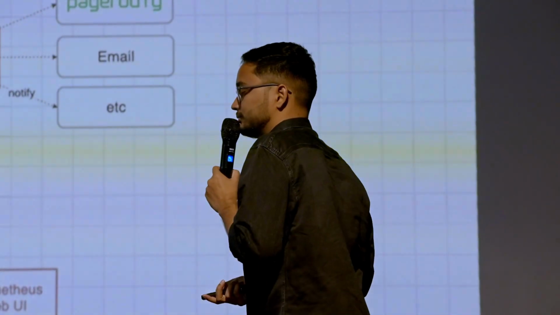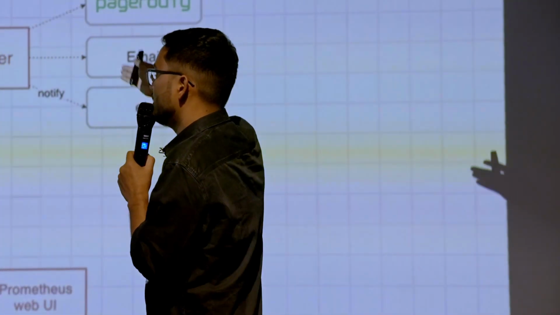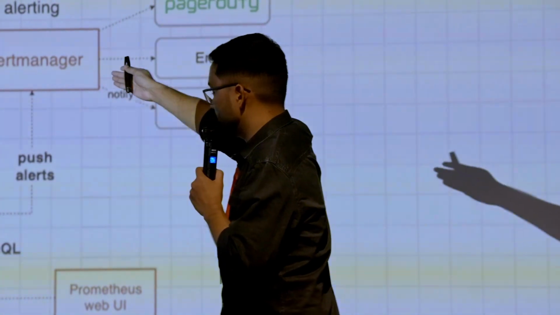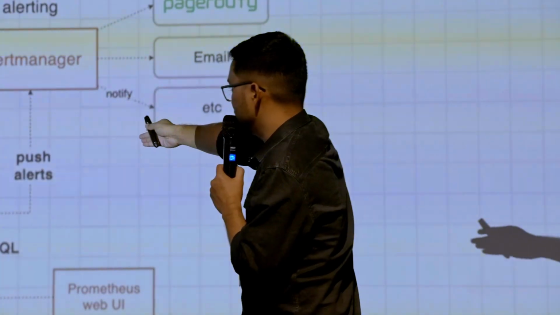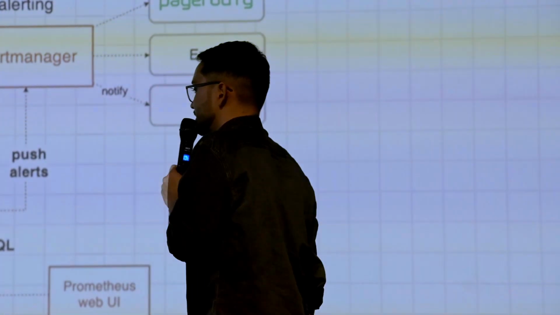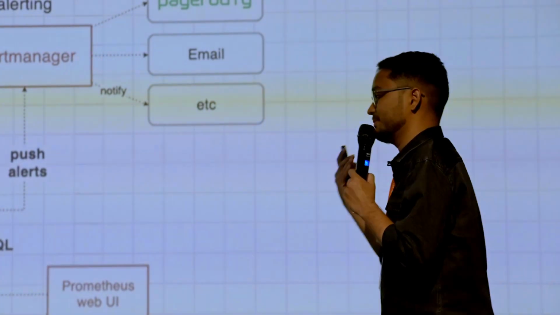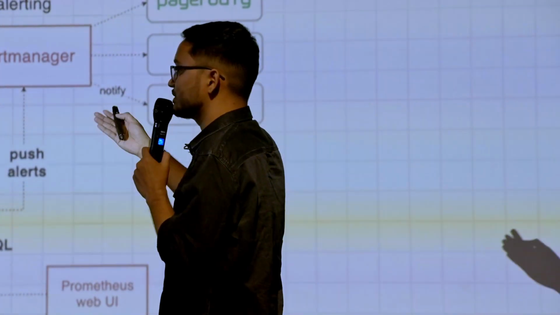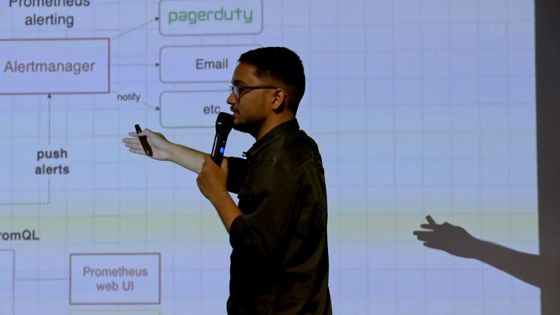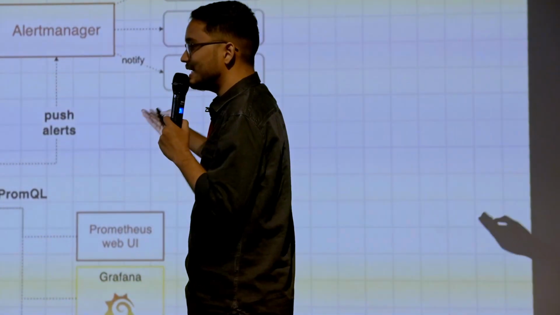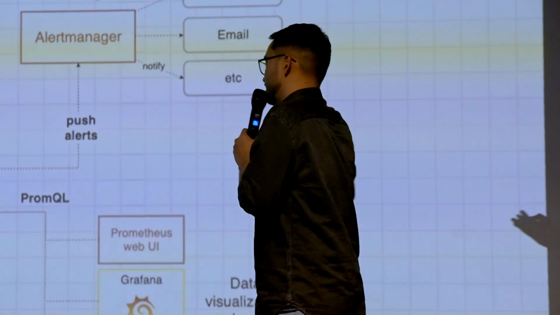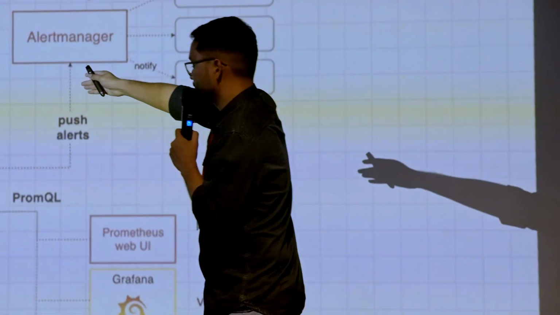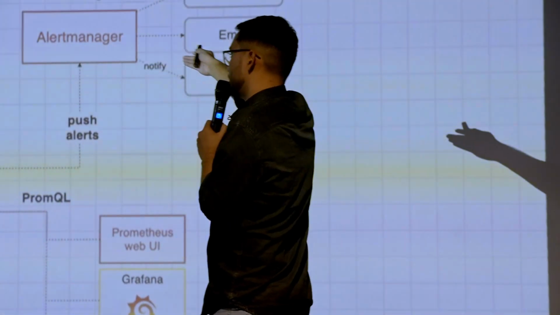Let's quickly go through the Prometheus architecture, how it works and what it is. In the center there is the Prometheus server, and it has three main purposes. It retrieves the data or the metrics, it stores them inside a TSDB, that's a time series database, and it exposes the metrics using an HTTP server. There is the Pushgateway, which is for short-lived jobs.